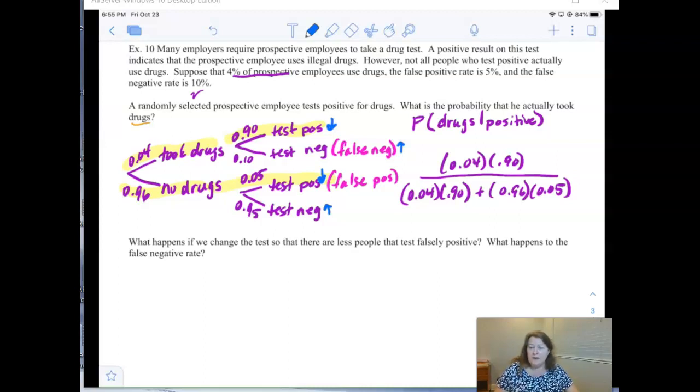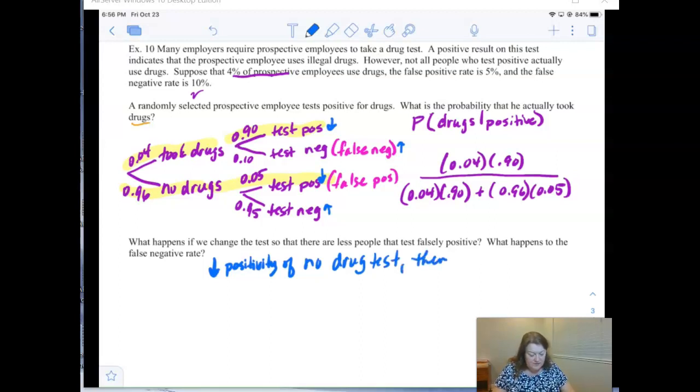But if you're the employee, you probably want it to go the other way, right? You don't want to get fired if you didn't take drugs. So you would want to reduce those false positive ones, right? So that you're not accidentally accused of something that was just part of the test error. Okay, so we could see that too. So if we lower the positivity of the no drug test, then we also lower the positivity of the took drugs test, right?